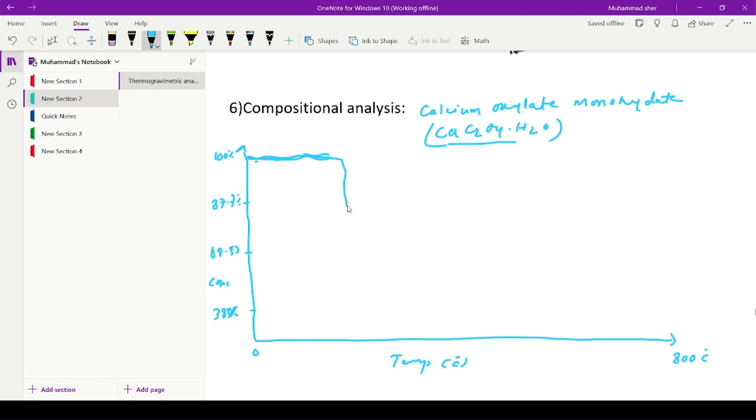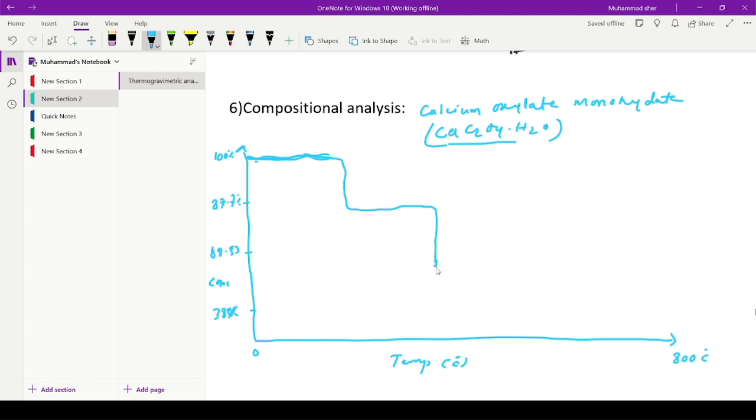When the temperature increases linearly, this will become straight. After some time we will observe another curve in the graph like this.